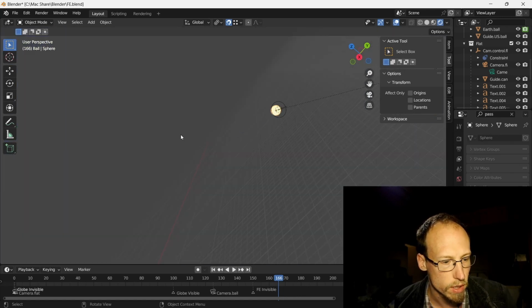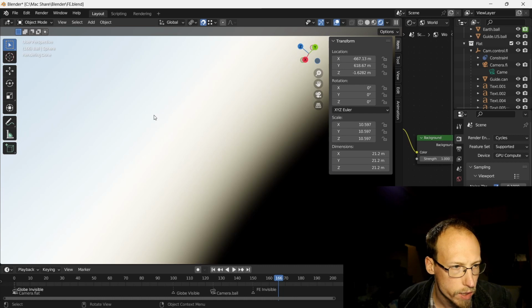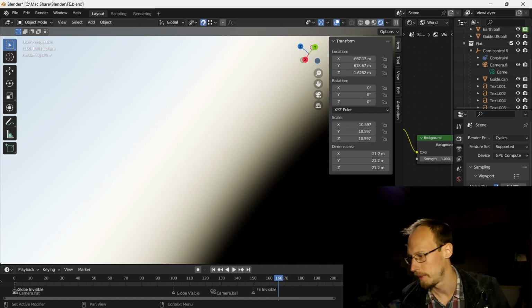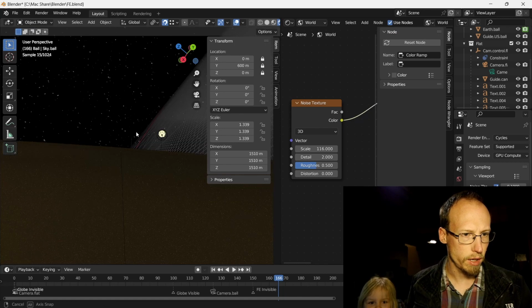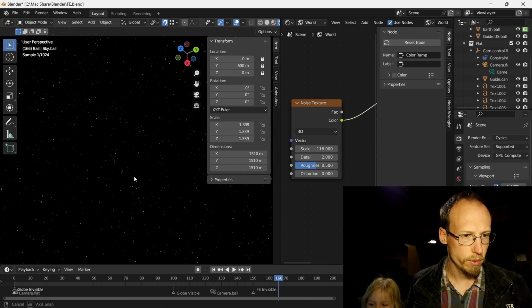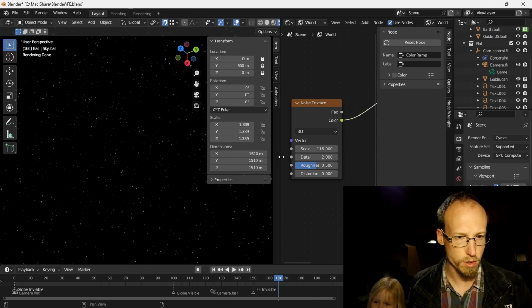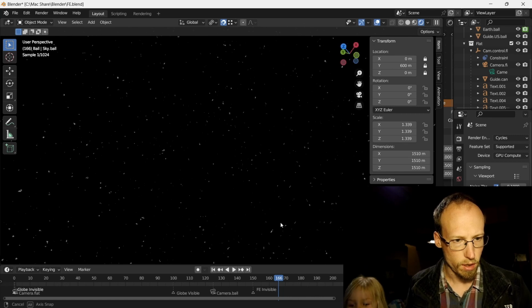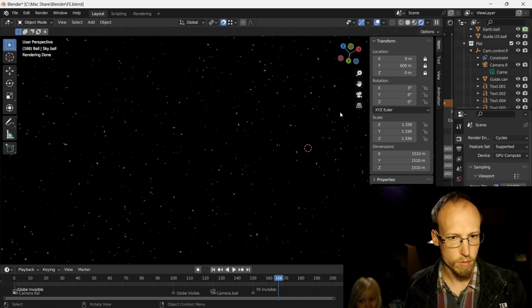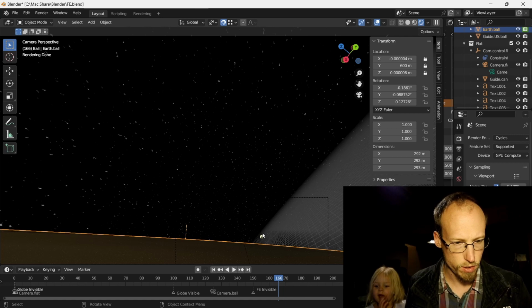I don't actually know what's happening right now. So I created a sky, which is not the real sky, but it's a world shader, so it's actually infinitely distant from the actual objects here.